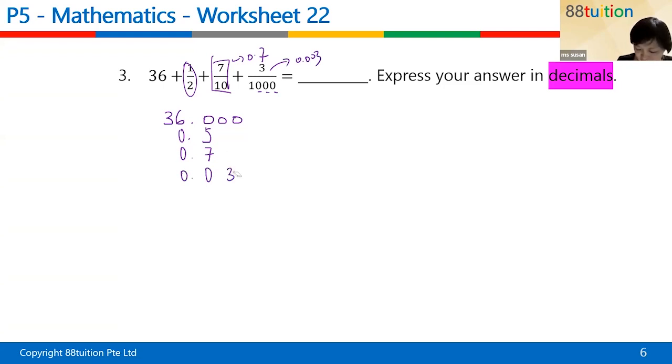Thousand, right? 0.003. So once you add it up, what do you get here? 3, 0, 8, 9, 10, 11, 12, 37. Okay, 37.03.